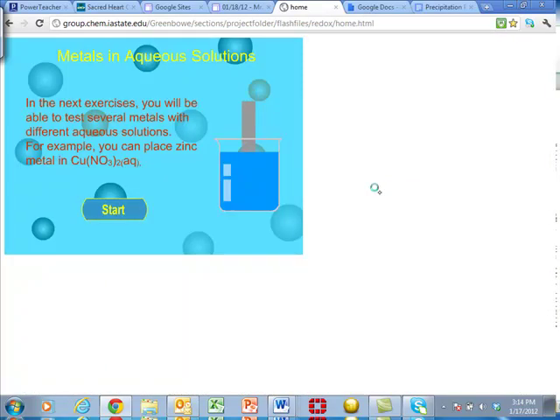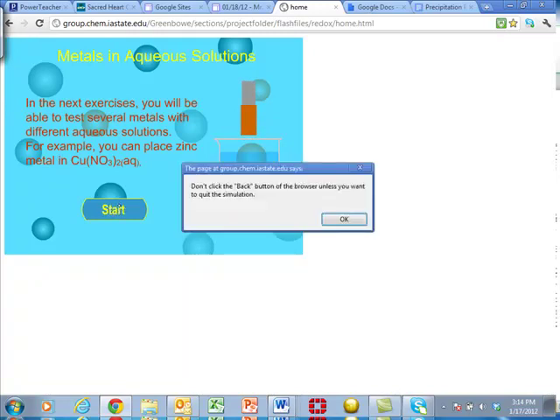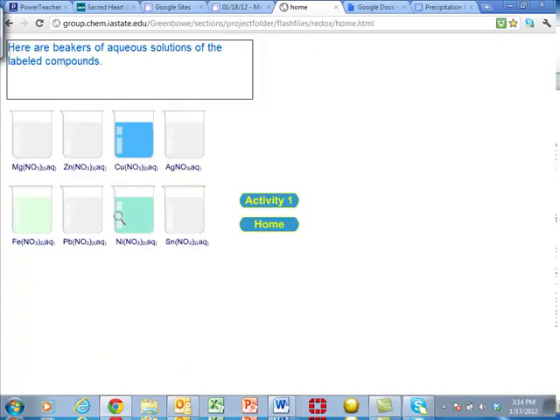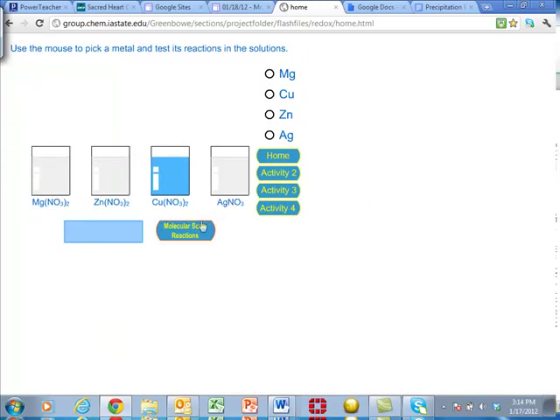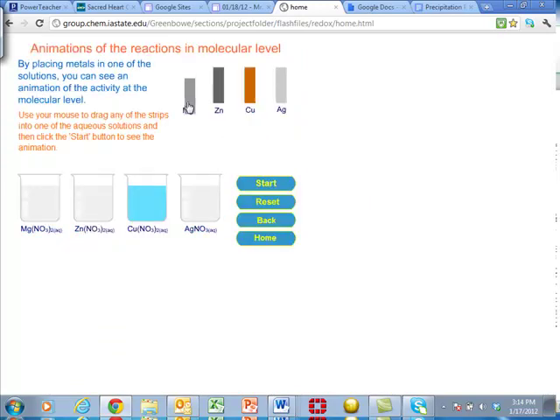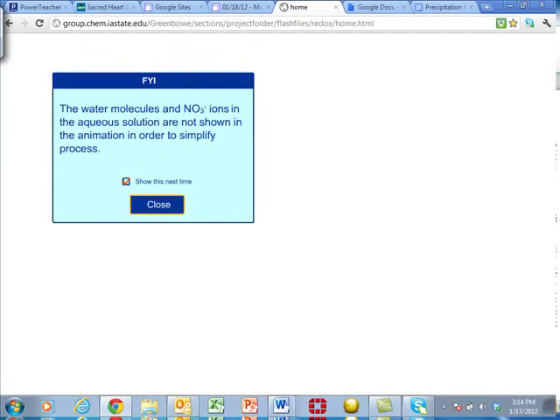and what we just did was a reaction of magnesium and silver nitrate. So we have magnesium and we placed it in silver nitrate. Now they're not showing us water and NO3 minus because it's not part of the reaction. It's not doing anything.